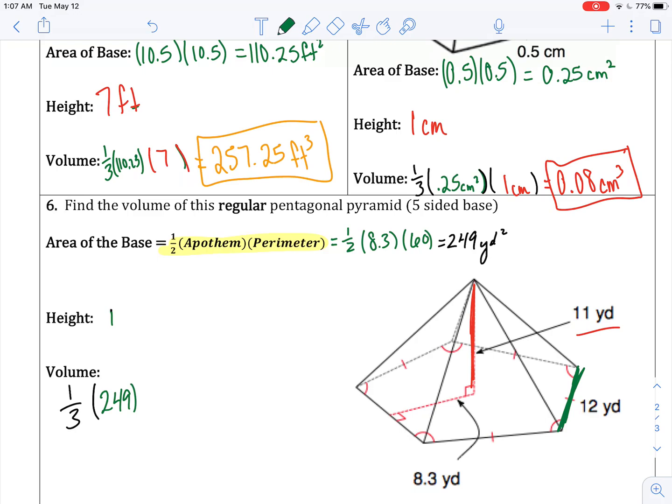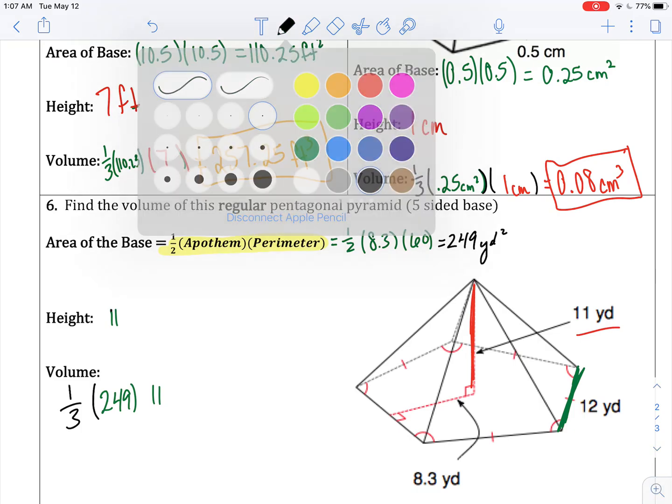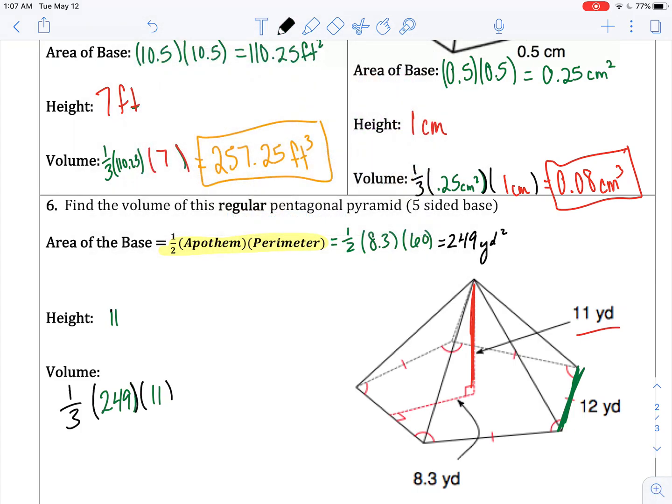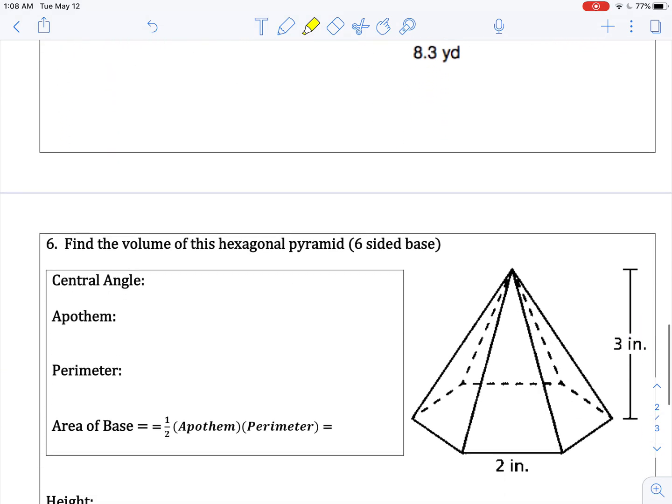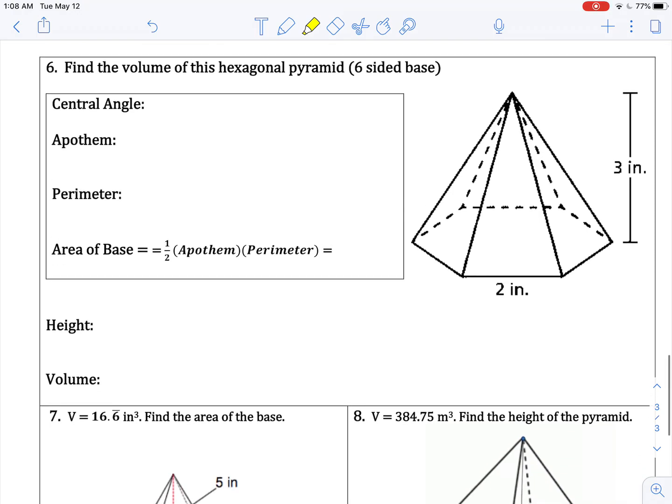So 249 times that height of 11. And that is 913 cubic yards. So one easy mistake to make is forgetting this 1/3. I've done it before. It's going to happen to you probably at some point. So just be careful about that.